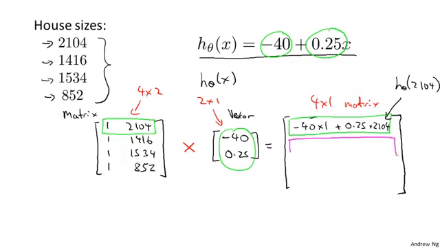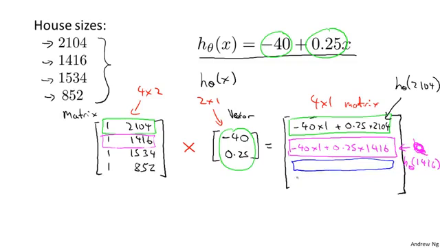To get the second element, I'm going to take this and multiply it by my vector, and so that's going to be minus 40 times 1 plus 0.25 times 1416, and so this is going to be h of 1416, and so on for the third and the fourth elements of this 4x1 vector.